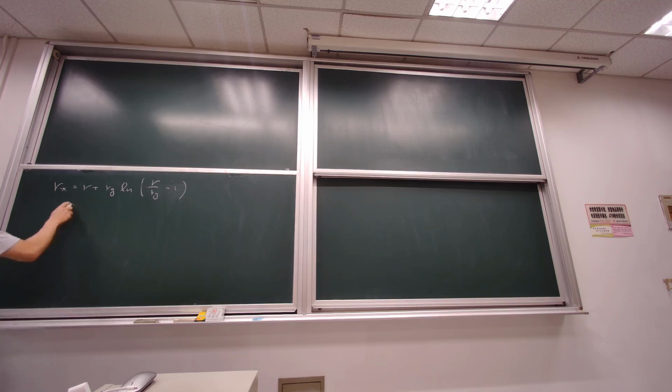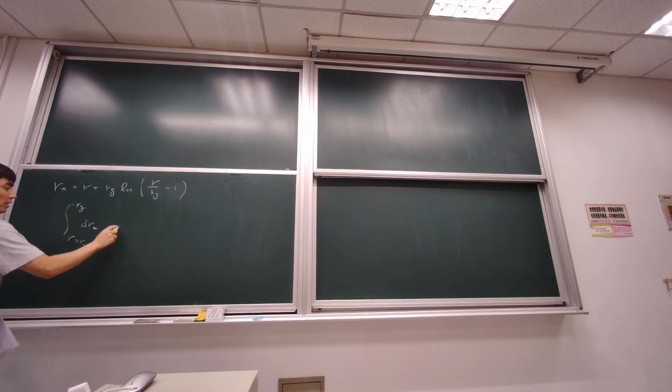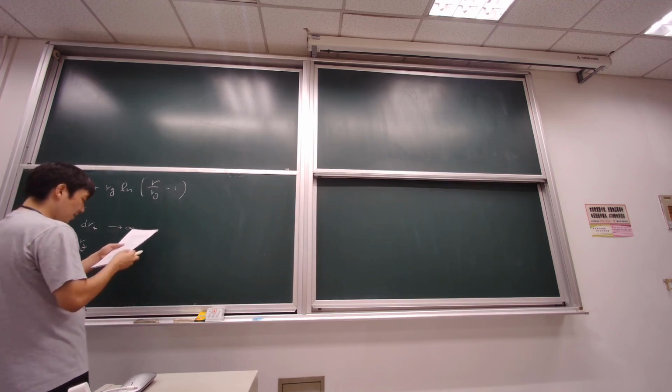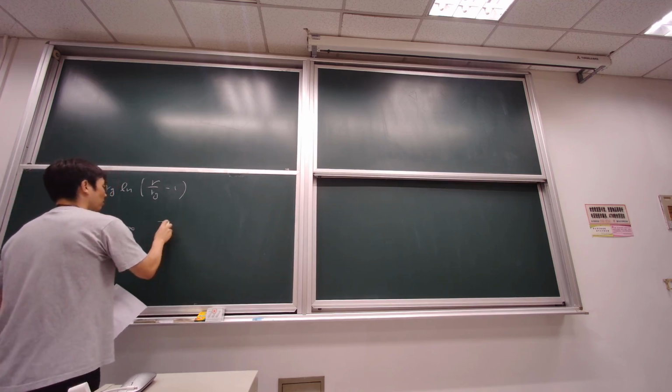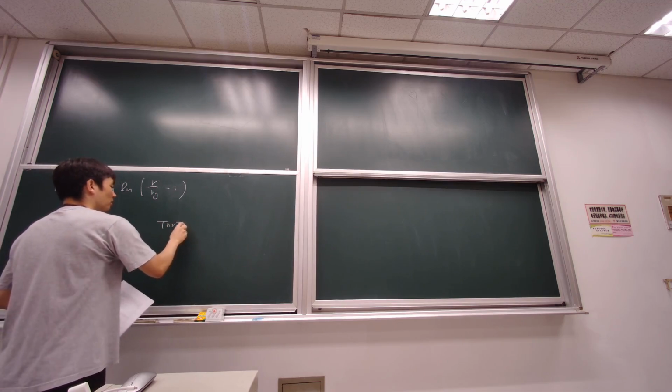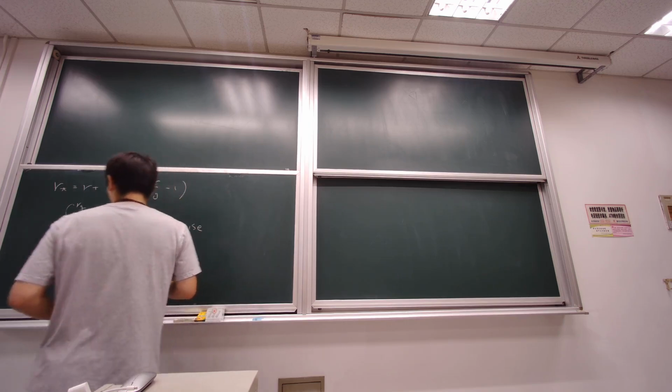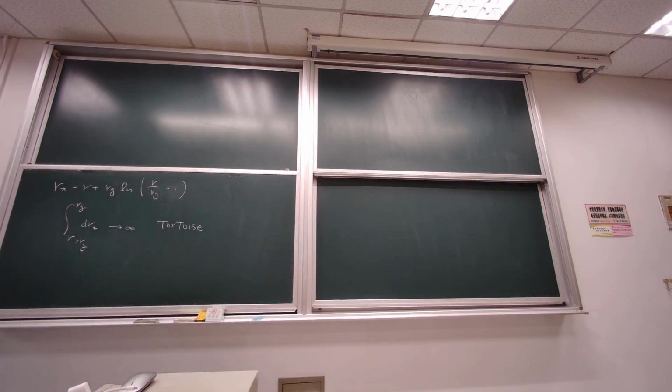If you just use this dr star from whatever r greater than rg to rg, then this becomes infinity. Therefore, it takes infinite coordinate distance. So therefore, r star is the tortoise coordinate.